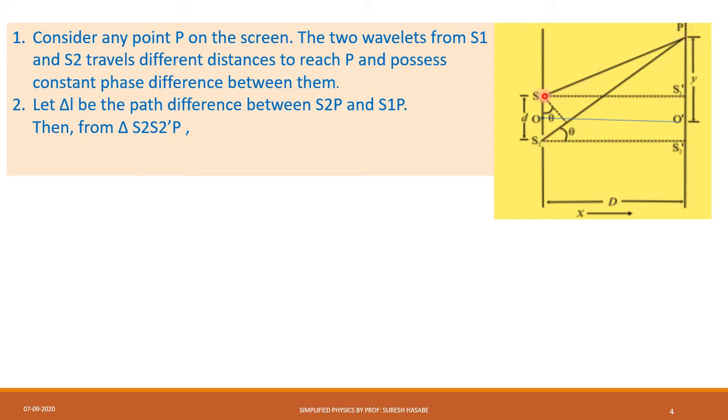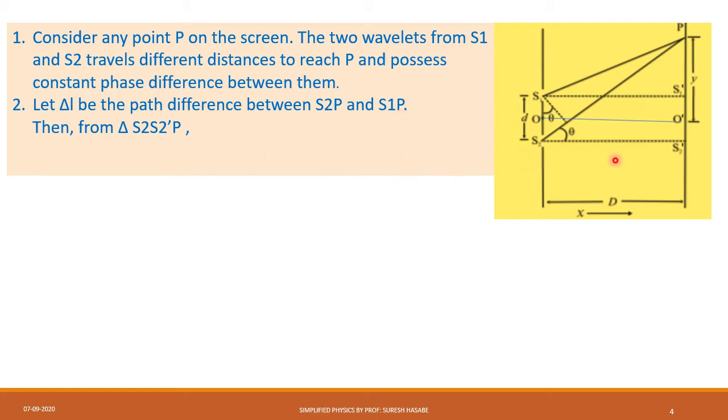Now S1P and S2P are the paths traveled by the two waves, and if we draw a perpendicular here, then this distance is considered the path difference. Remember this one, it is also denoted by delta L. Let delta L be the path difference between S2P and S1P.